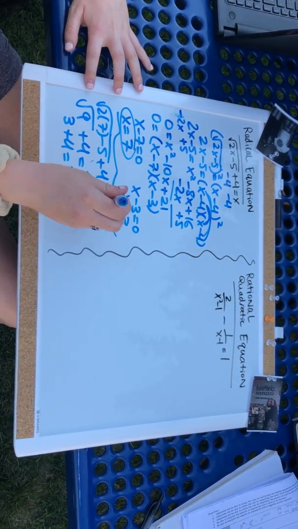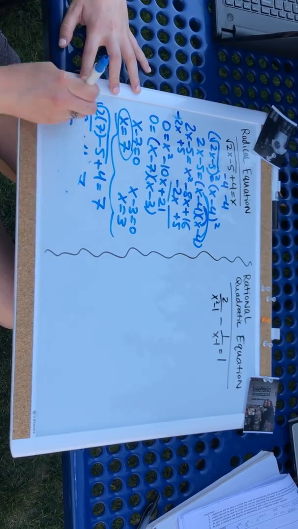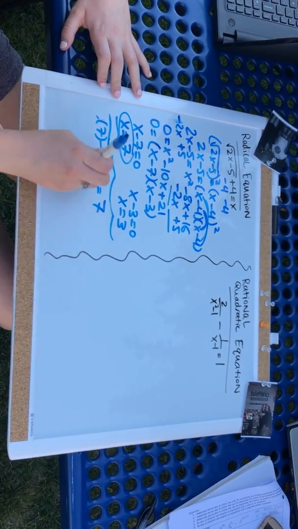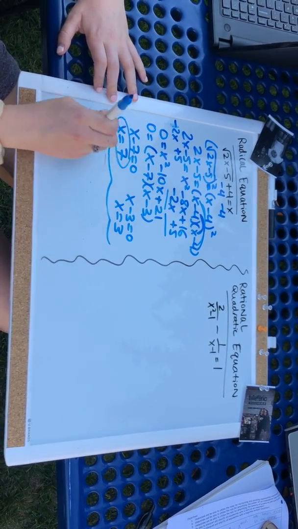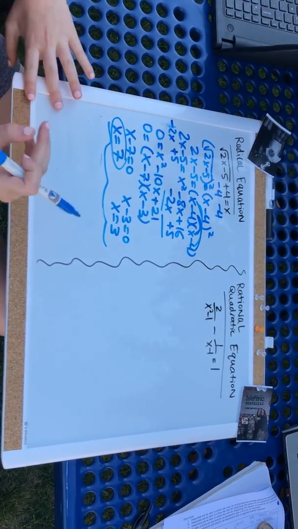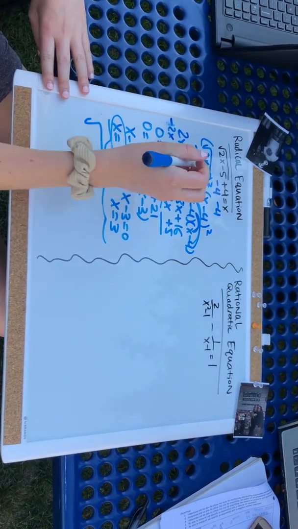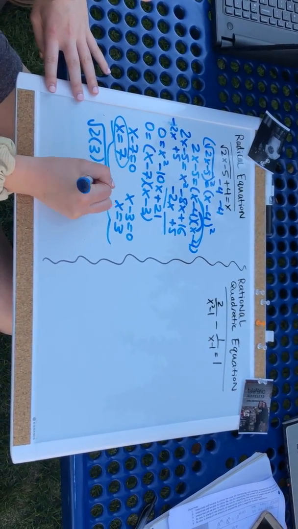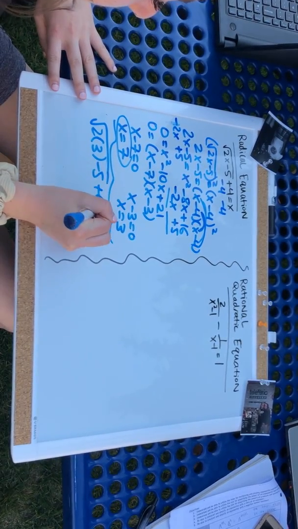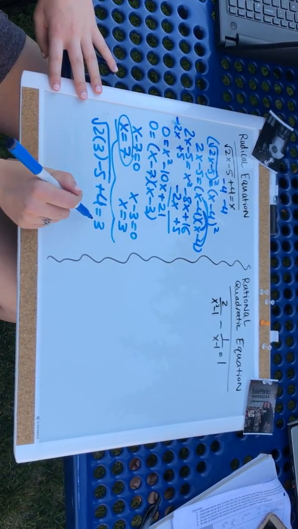Now we're going to check this one. Let's erase this. We checked it. Now I want to see if the other one will work. So the square root of 2 times 3 minus 5, plus 4, should equal 3, if that works.